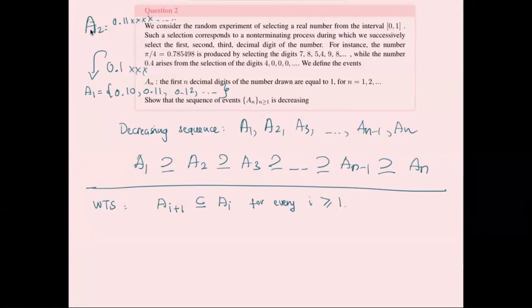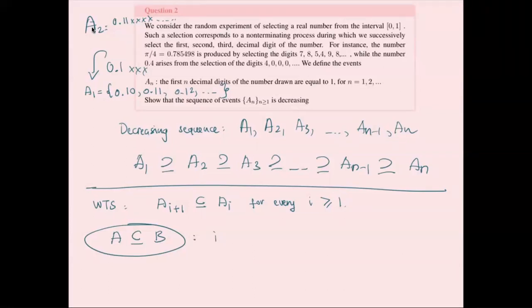Yeah. So basically, if we pick, for example, any element from Ai plus 1, and we show that it is in Ai, then essentially we have proven it. Yeah, exactly. Recall that in the previous tutorial, we talked about how to show that A is a subset of B. It depends on the problem. If they allow you to use a Venn diagram, then you can use it, but I wouldn't say it is a formal proof.